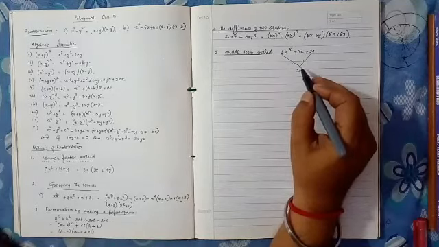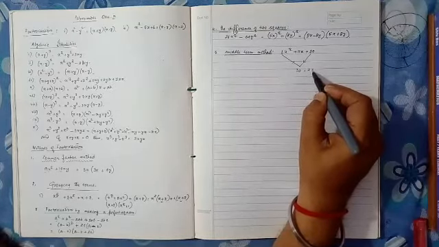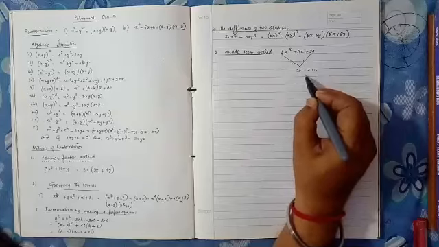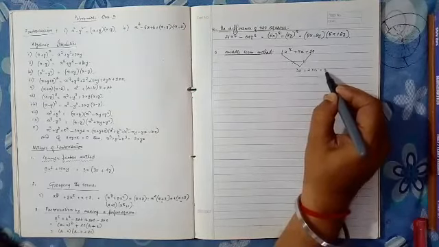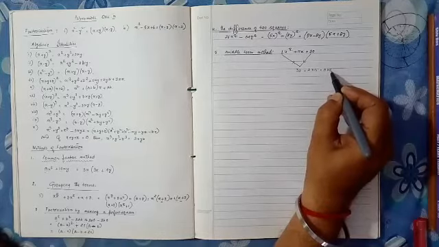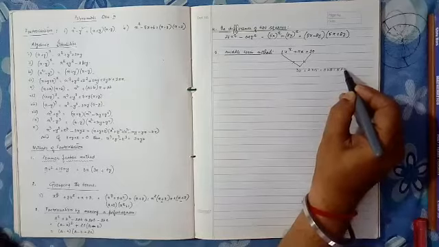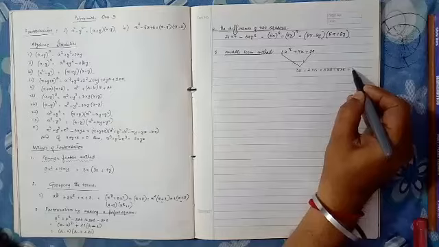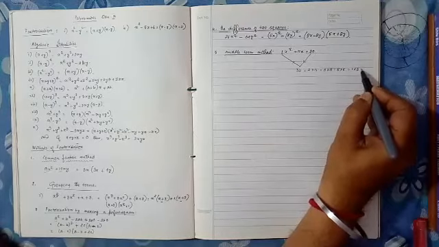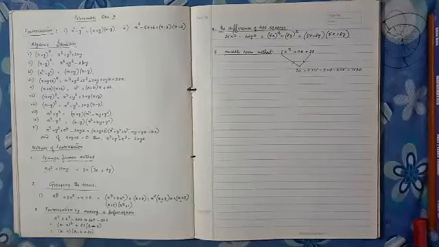Now let us write 30 as the product of two numbers. 2 into 15, 30. 3 into 10, 30. 5 into 6, 30. 1 into 30, 30.